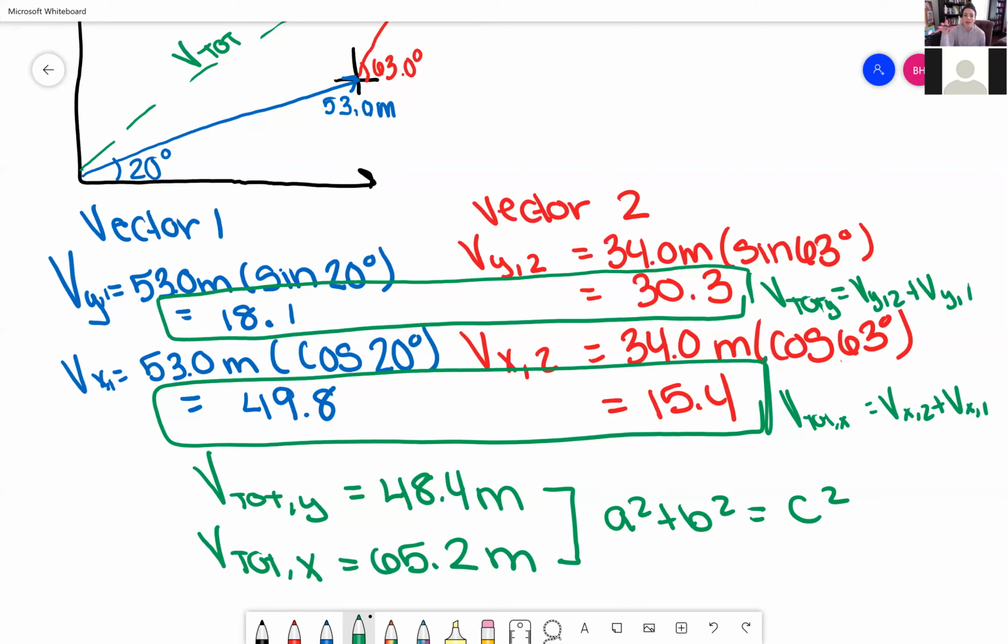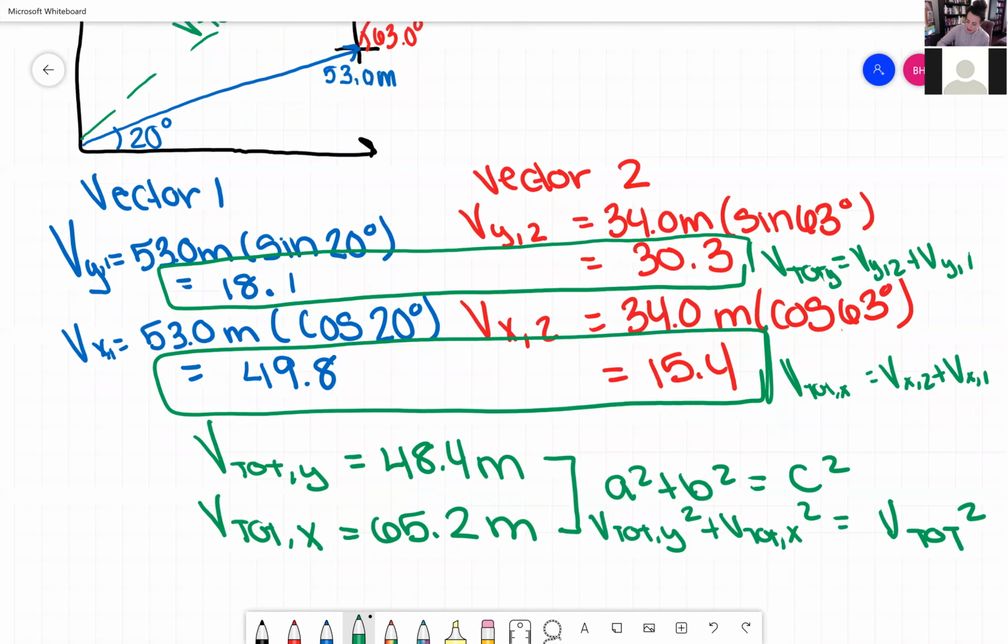Or if we were applying these variables, I might say v total y squared plus v total x squared equals v total squared. So that's going to be the equation that we use for this.